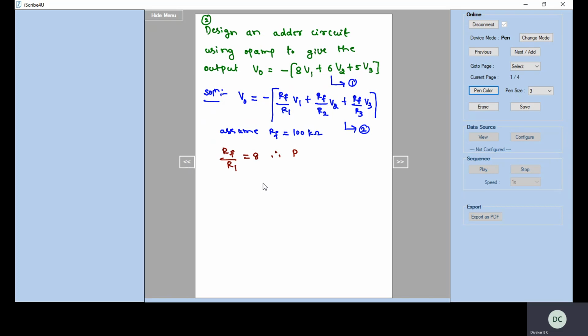Therefore, we can find the value of R1 is equal to Rf by 8, that is 100 by 8, which is equal to 12.5 kilo ohms.